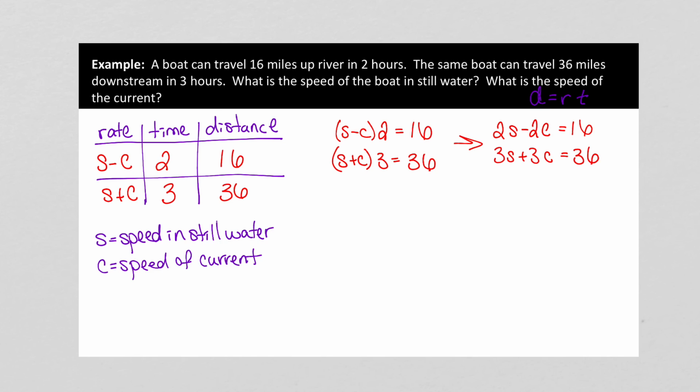And I'm going to use elimination, getting rid of the C's. So negative 2 and 3, we could get them to be negative 6 and 6. So multiply the top one by 3, multiply the bottom one by 2.